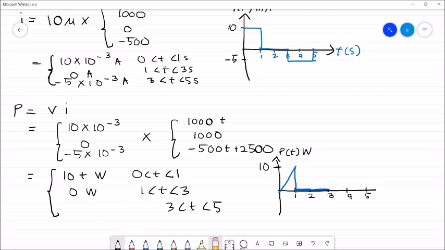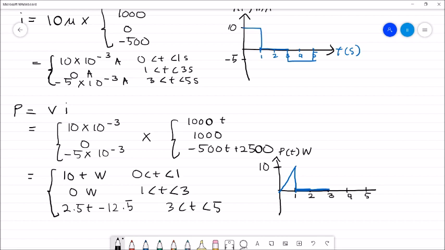If you multiply negative 5 times 10 to the power of negative 3 with negative 500, you will get 2.5t, and then negative 5 times 10 to the power of negative 3 times 2500, so negative 12.5.